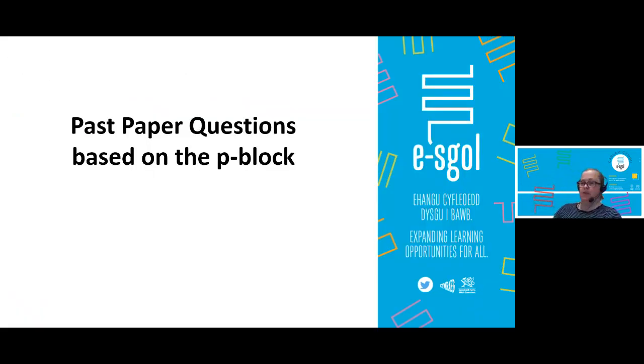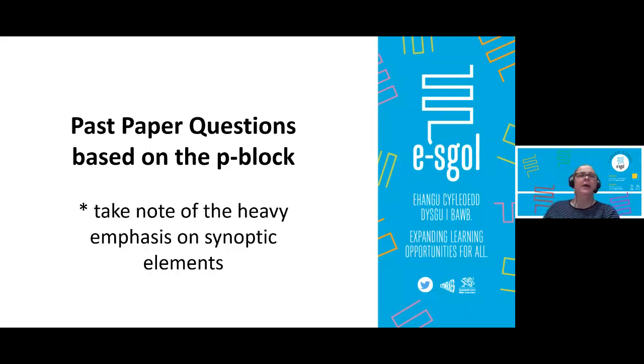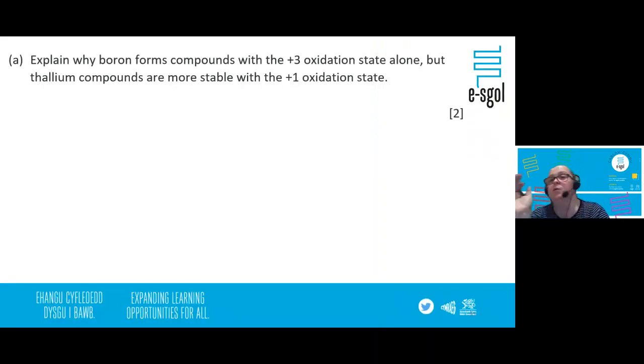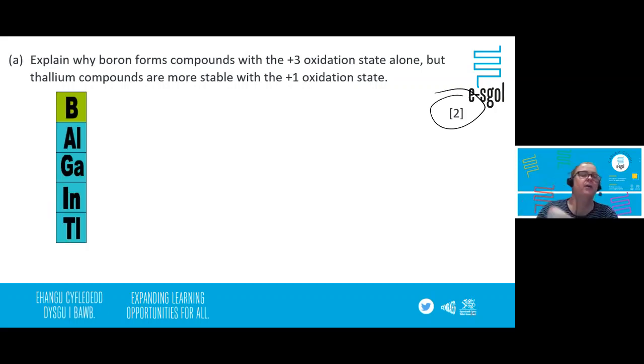So past paper questions based on the P block then. So let's focus on these. So you've got: why boron forms compounds with +3 and +1. Well, it's worth 2 marks. So let's make sure for a start that you focus on the fact that you need to be saying 2 things. So it's classically just asking you, and it will sometimes be disguised, but what it's asking you to do is explain the inert pair effect, because we know that boron is right there at the top of the group, and then at the bottom you've got thallium.